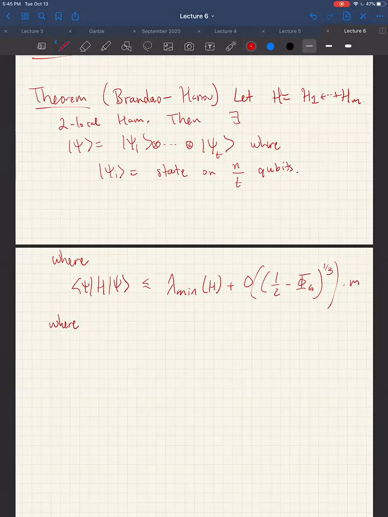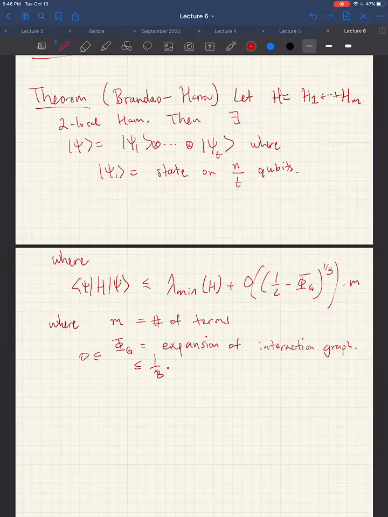What are these numbers? m is, again, the number of terms of your Hamiltonian. And phi sub G is a measure of the expansion of your interaction graph G. This is a number between 1/2 and 0.